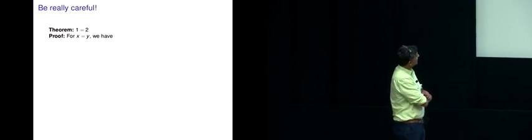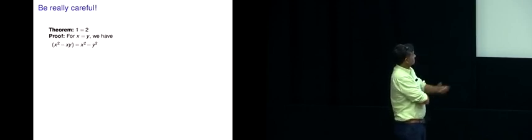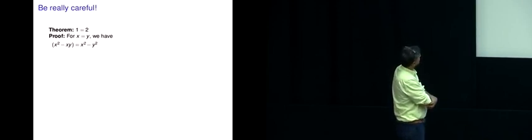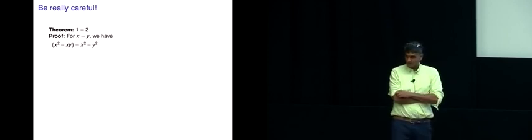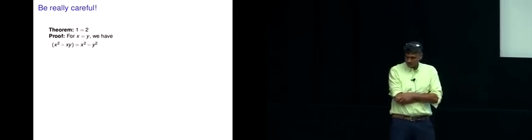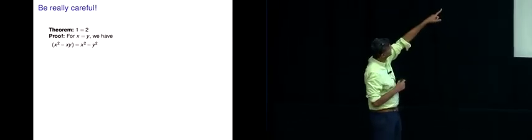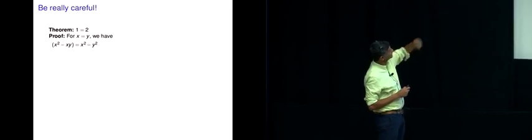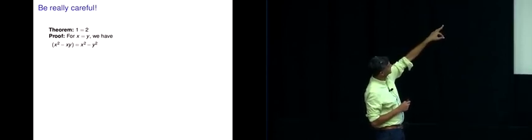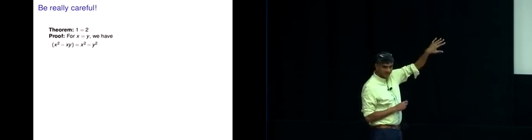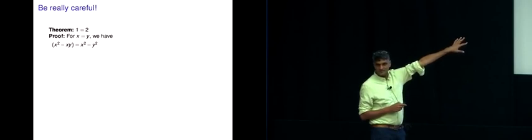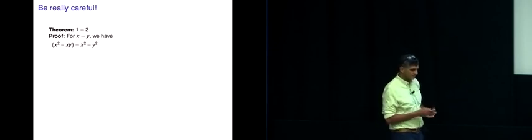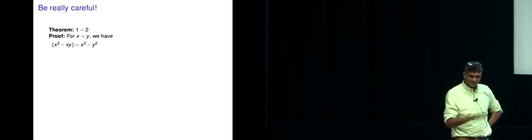This is for x equals y. Sure, why not, right? Is that true? I'm just starting with some x and some y. We all believe this, right? Because if you replace it, you've got x squared minus xy, but if you replace that with x squared minus y times y, or y squared, you get the same thing on the left-hand side and the right-hand side. And what is the thing on the right-hand side? I always told my kids, the one thing you always have to remember is difference of squares.